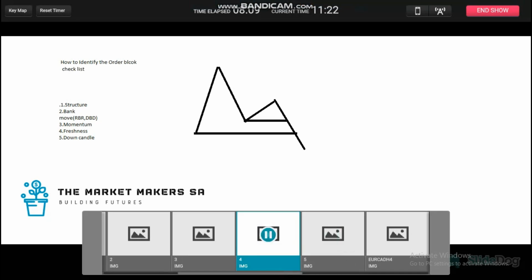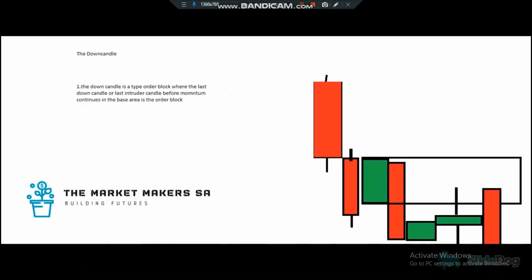Next we have the explanation of the down candle. Obviously, as I explained in the previous slide, the down candle is a type of order block where the last intruder candle for momentum continuation in the base area is the order block. Here we have our drop in the red form, then our base area is created by this candle.